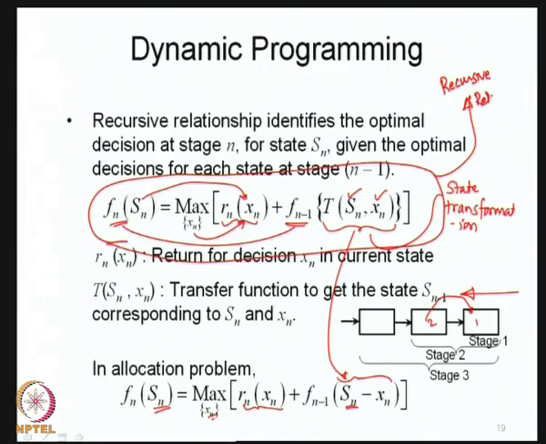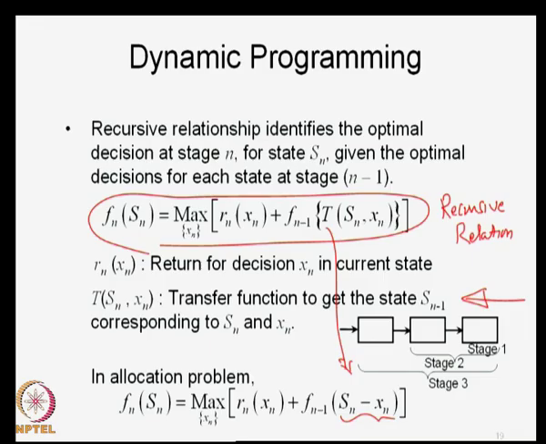Once you identify the recursive relationship, the problem becomes very simple, because in the discrete dynamic programming problem, states Sn are discrete, decisions Xn are discrete, and therefore, once you write the recursive relationship correctly, all you have to do is solve this recursive relationship for various values of Sn, and each value of Sn corresponding to a number of discrete values of Xn. So, that is the concept of a state transformation and the recursive relationship.